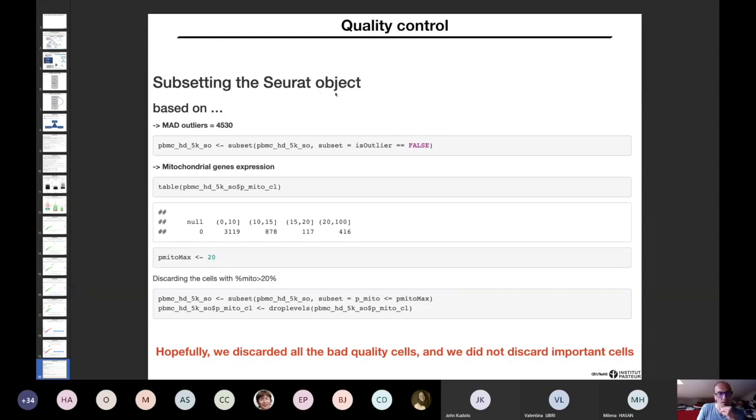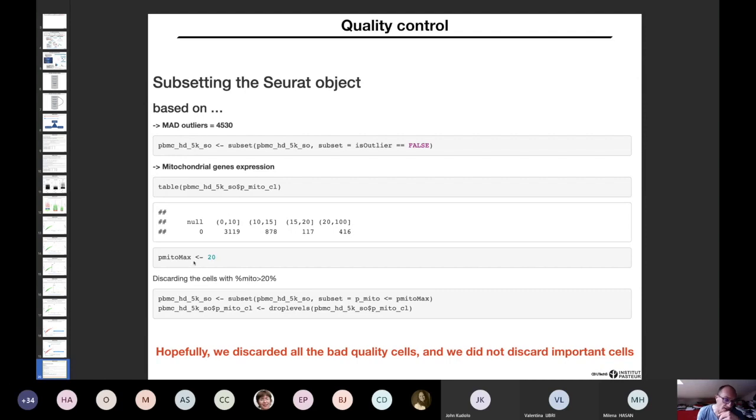So when we have that, we can now subset the Seurat object. When we use the median absolute deviation boundaries, we end up with 4,030 cells. And when we look at the mitochondrial gene expression in those selected cells, we can still see that we have more than 400 cells expressing a high number of mitochondrial genes.